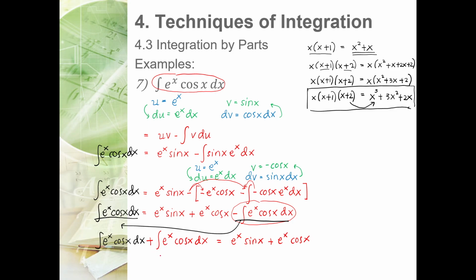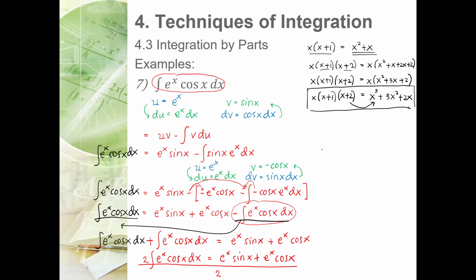And then combining the two terms, we now have 2 times the integral of e raised to the power of x cosine x dx is equal to e^x sine x plus e raised to x cosine x, and then dividing everything by 2 because we have 2 as the coefficient of the integral sign.